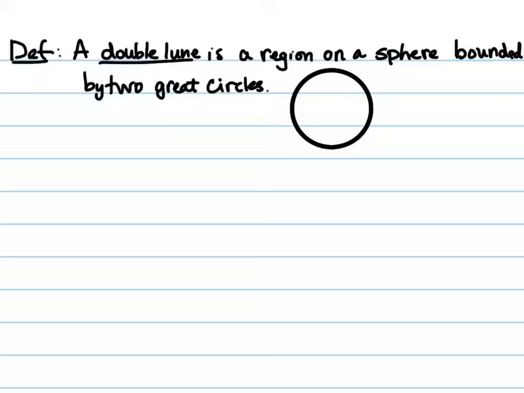So if we draw a great circle here, and we draw a great circle over here, then this is what it's describing.